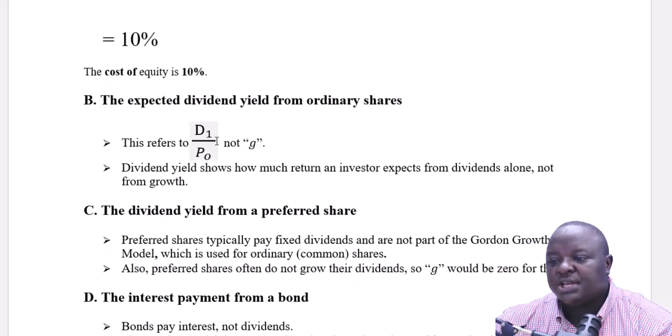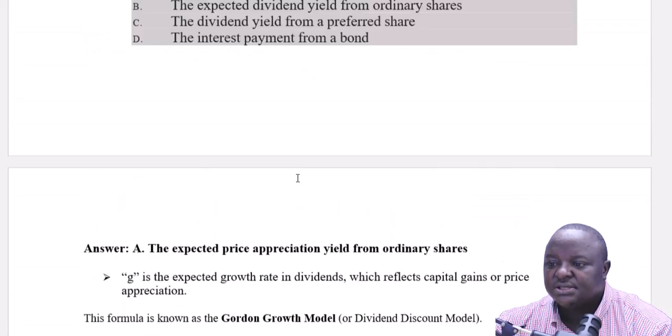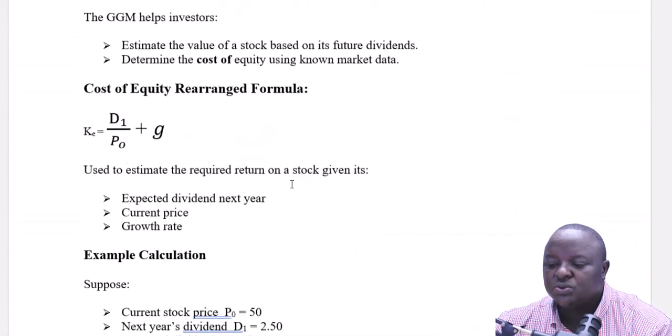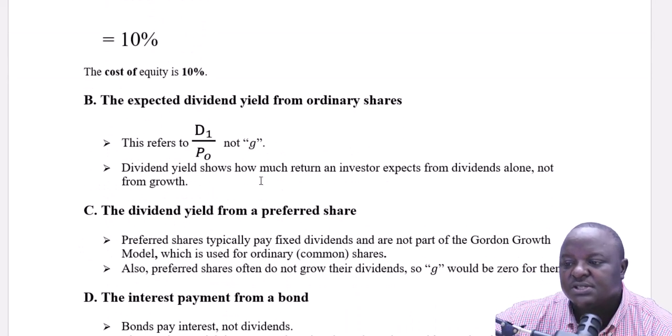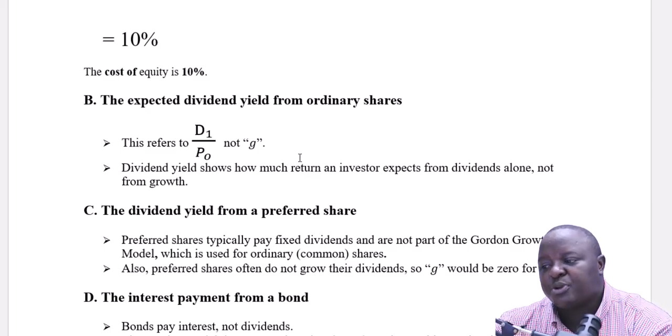Now, when you talk about the expected dividend yield from ordinary shares, this option refers to dividends divided by the price, not the growth rate. So dividend yield shows how much return an investor expects from dividends alone, not from the growth.